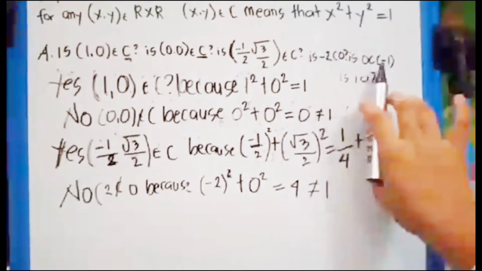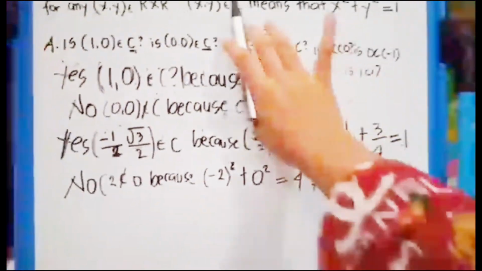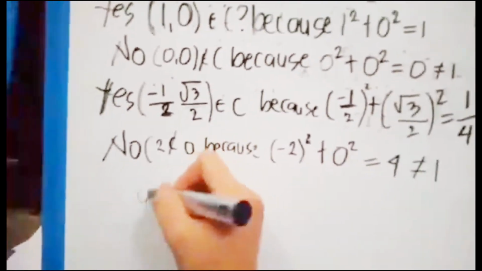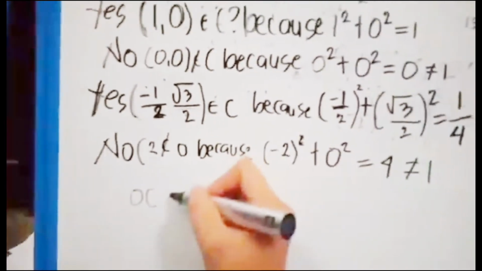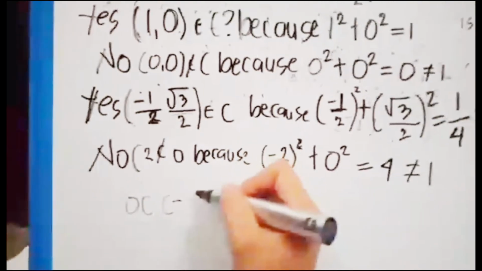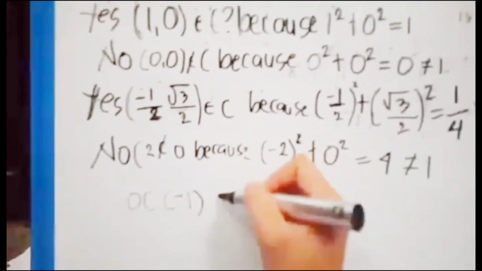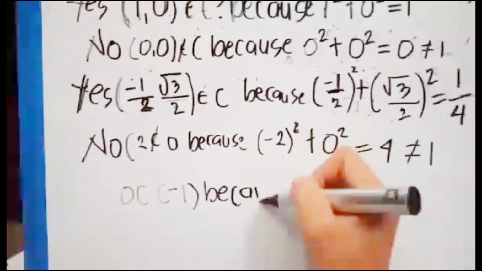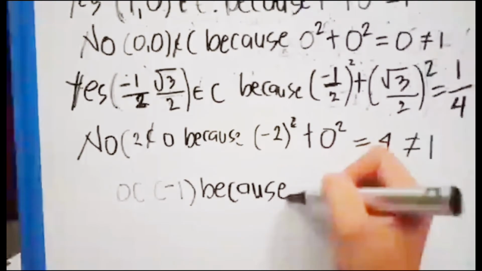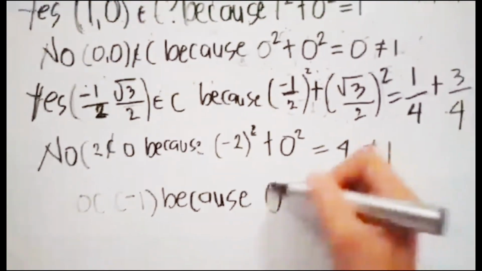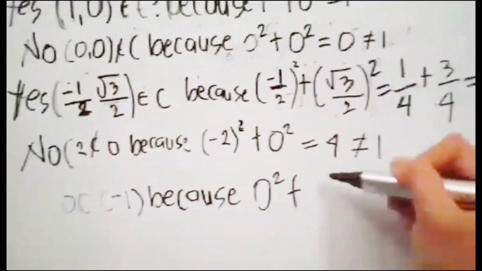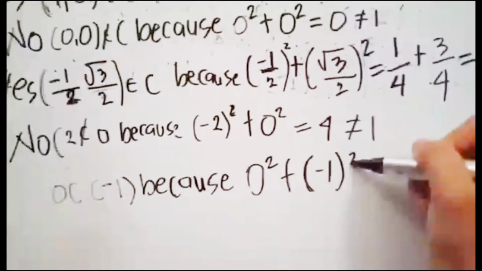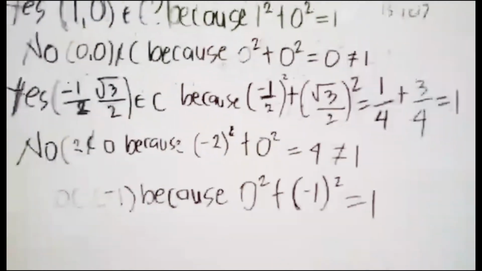Is (0, negative 1) an element of C? 0 squared plus negative 1 squared is equal to 1.